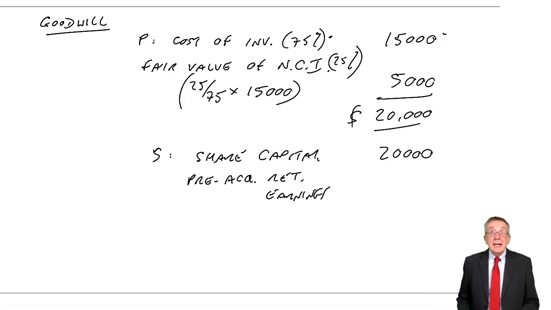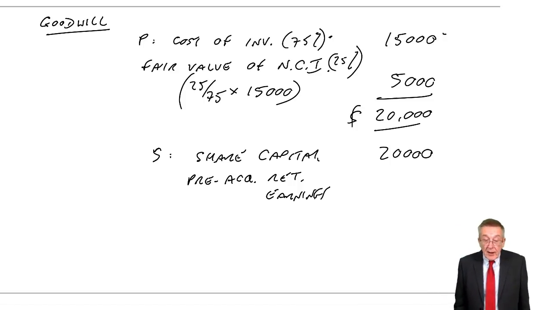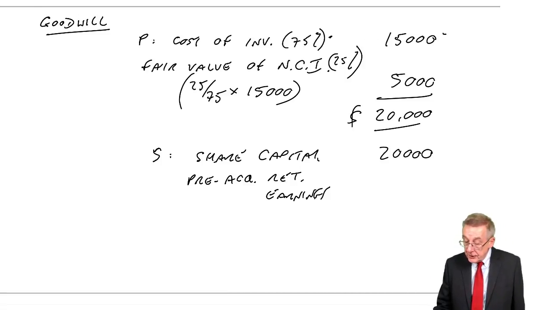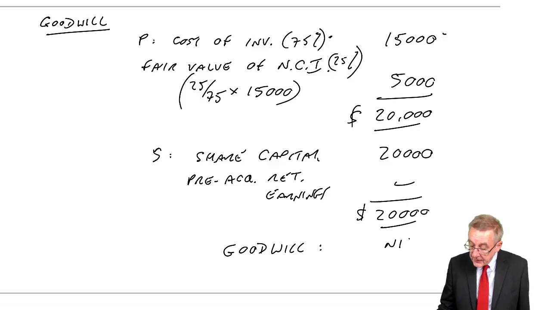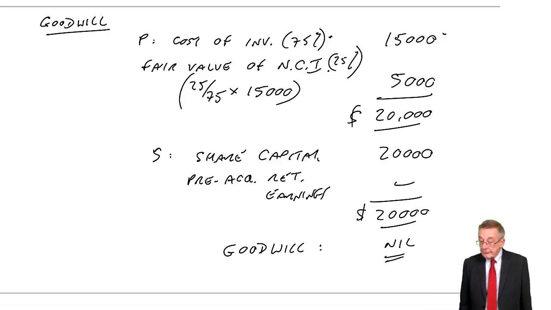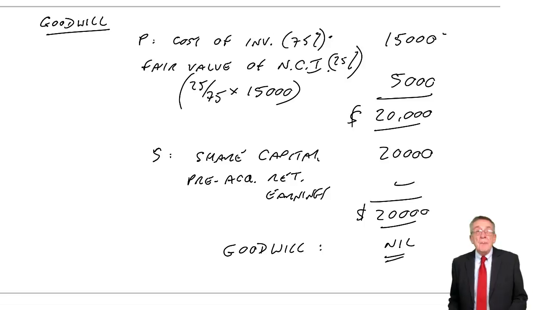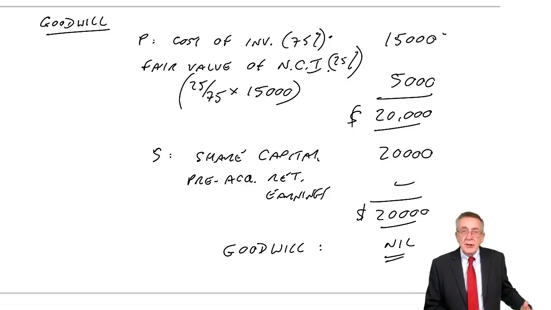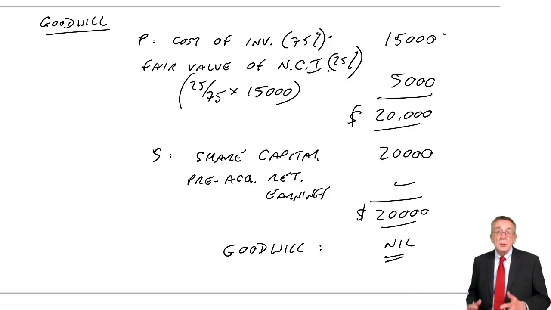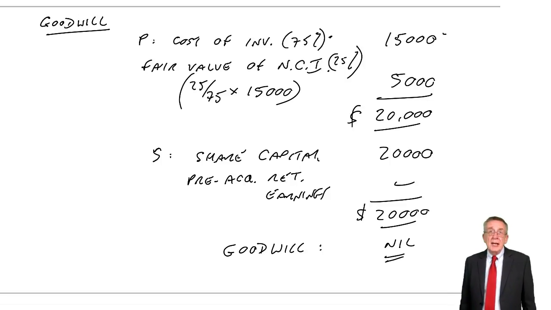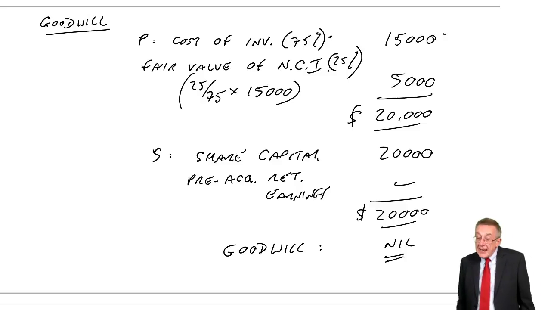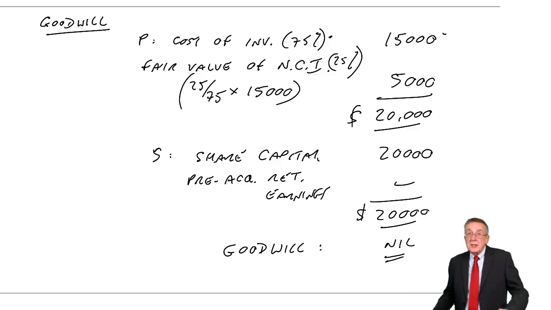But of course here there aren't any because P bought the shares on incorporation, so no retained earnings. And so the goodwill here happens to be nil. So here an easy one, but this problem with the inventories I mentioned doesn't affect the goodwill at all. We've done enough calculations of the goodwill in earlier examples, and again, the approach doesn't change.